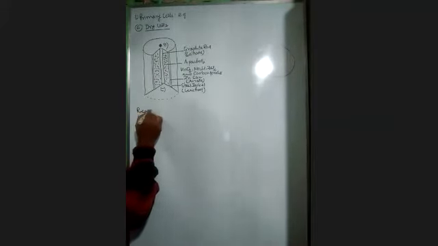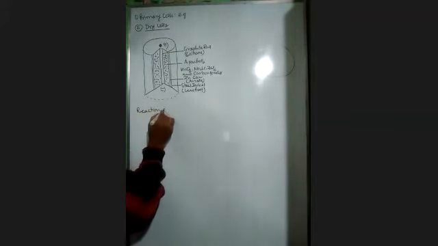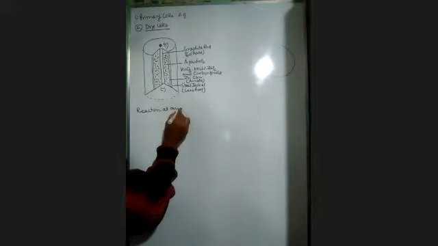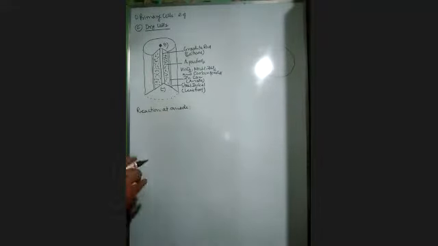Reaction at anode. See, I am taking electrochemistry very slowly because it is not possible for you to understand simply by reading the book. Chemical kinetics is not difficult.